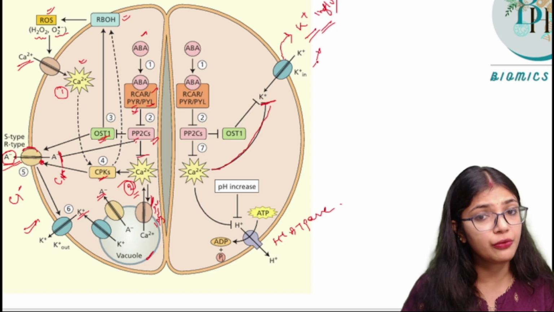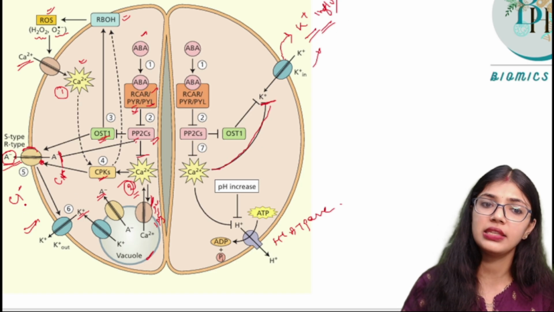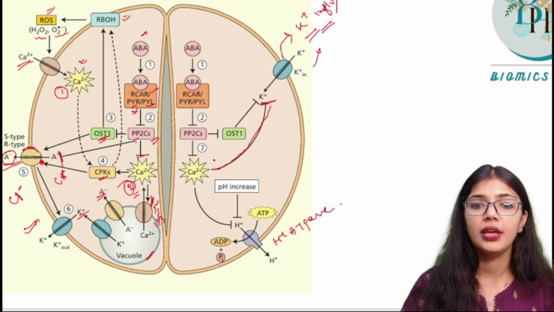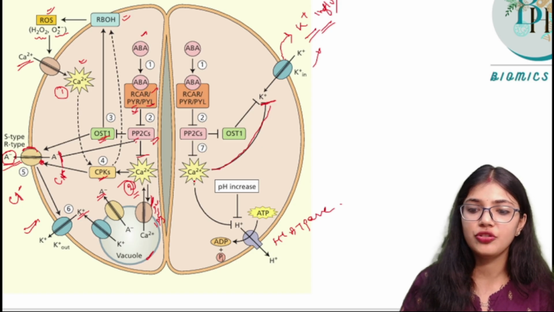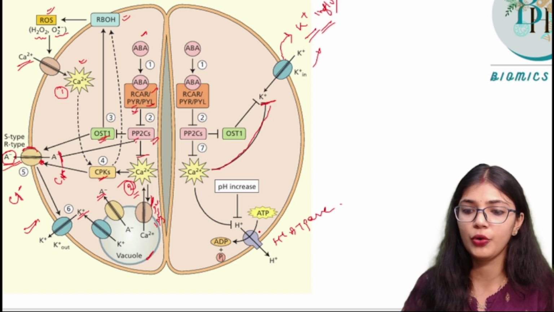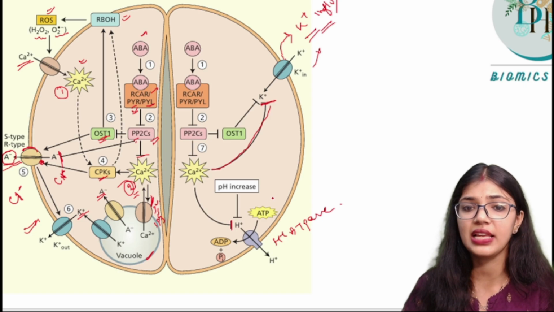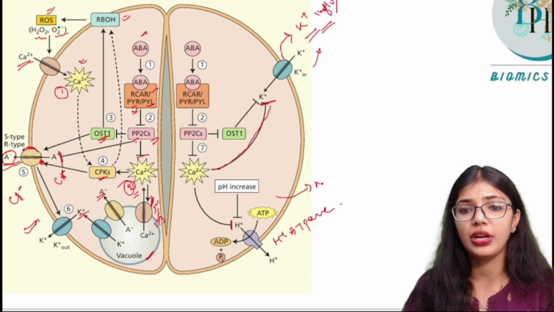Here there is no influx of K+ and there is efflux of chlorine. The other work of this calcium is that it interacts with the proton pump and inhibits this proton pump, due to which the H+ which is present inside the cell cannot be transferred out.